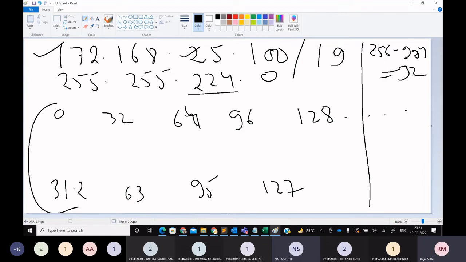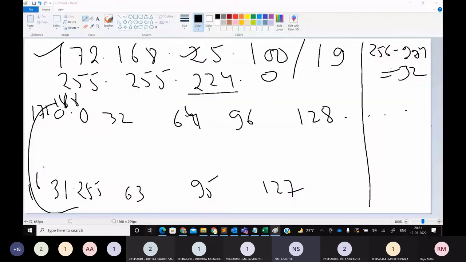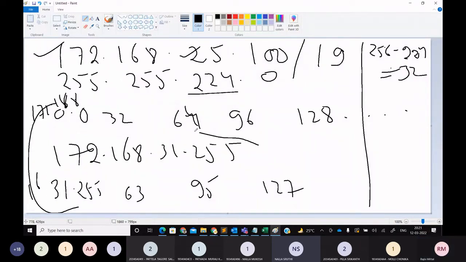So this is the network address, dot 0, and before this you put 172.168.0.0, and 172.168.31.255 will be your broadcast IP.